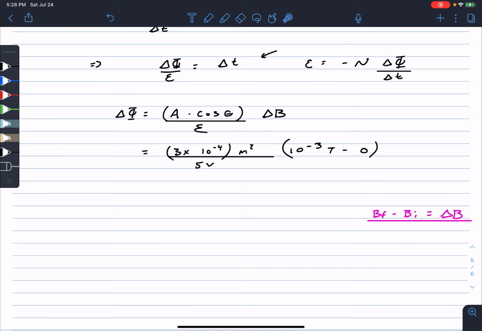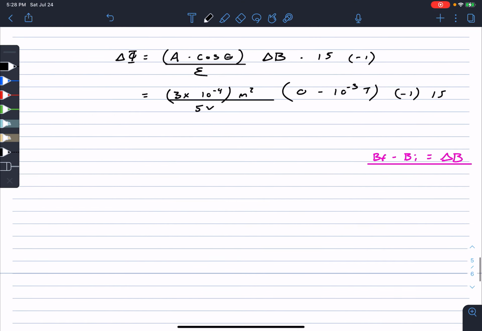I also had this backwards: the final is 0, and the initial is what we're given, because we start out at max, and we go to 0. Okay? And then we have to multiply 15 turns and a -1.